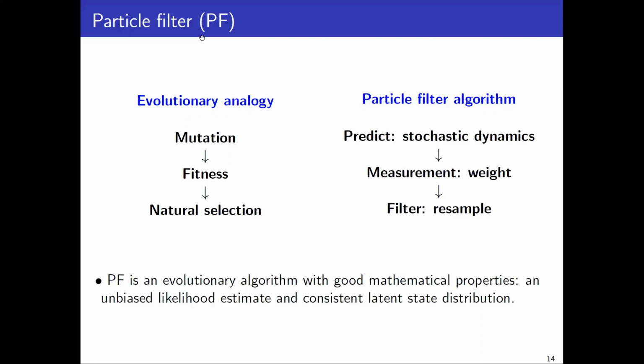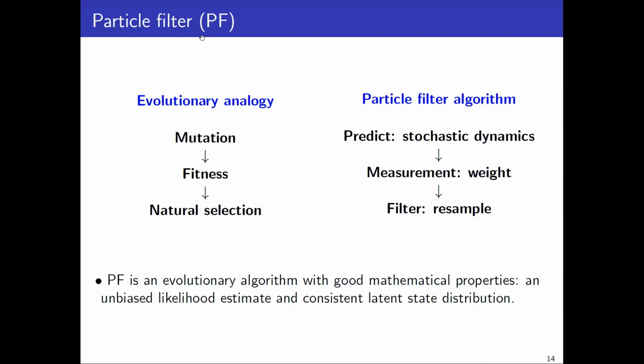The particle filter can be thought of as doing that in the context of the dynamic model, where the mutation is the stochastic dynamics, the fitness is the measurement weight that tells you how consistent your latent variable is with the data. And then the natural selection is like a resampling. Particles that are consistent with the data get resampled and propagate.